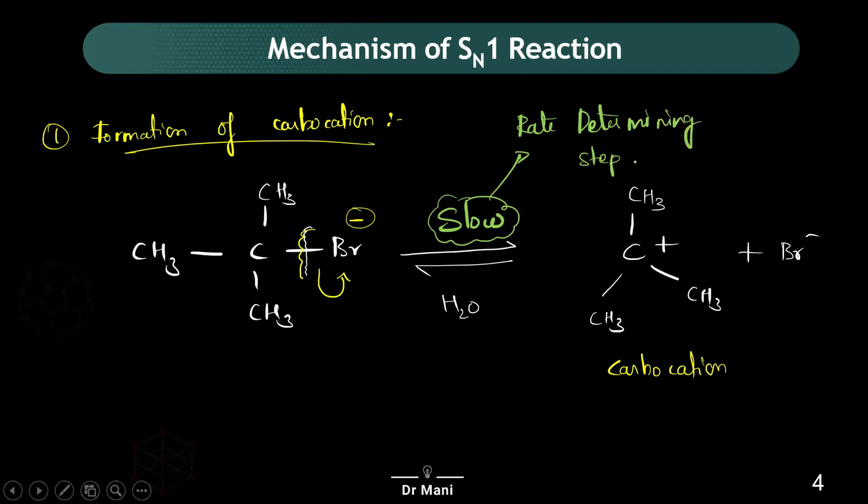Understood what happens in the first step of the SN1 reaction? There is a formation of the carbocation. When the water molecule comes close to the carbon, the bond with the bromine breaks. The bromine leaves carrying the electrons, so it becomes negative, and we get the carbocation where the carbon holds the positive charge. Understood?